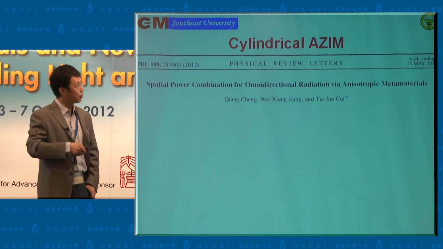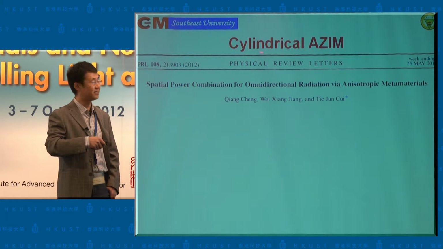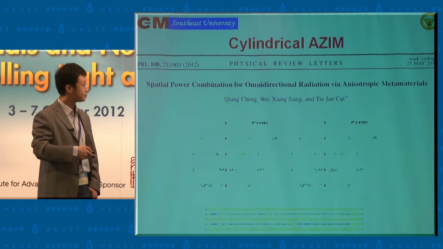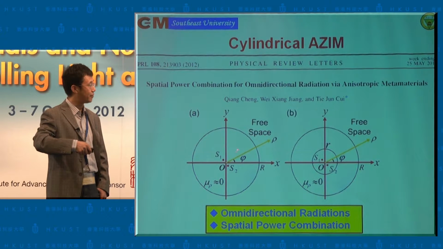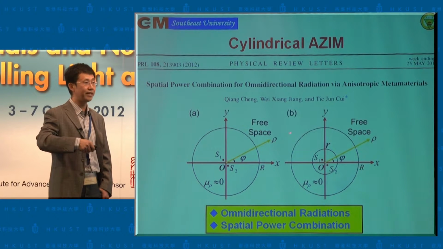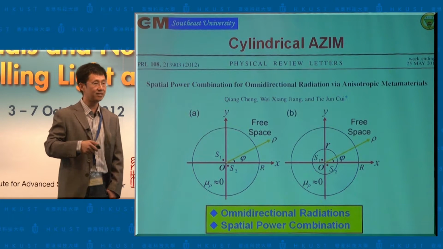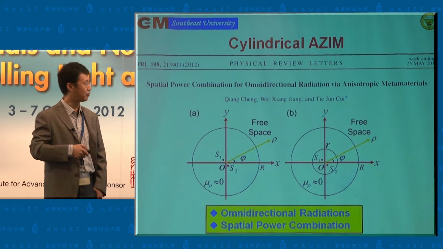So next, I will introduce another anisotropic zero-index metamaterial. It is in the cylindrical coordinate system. That is, if we make an anisotropic zero-index metamaterial in the radial direction, the rho direction, then we can make another feature of antenna radiation.